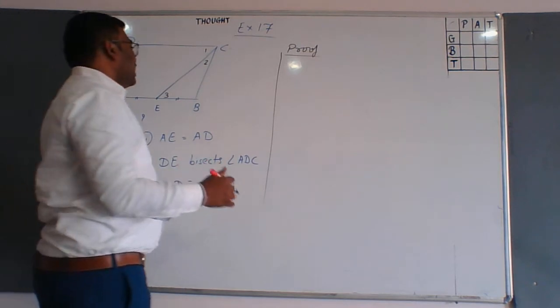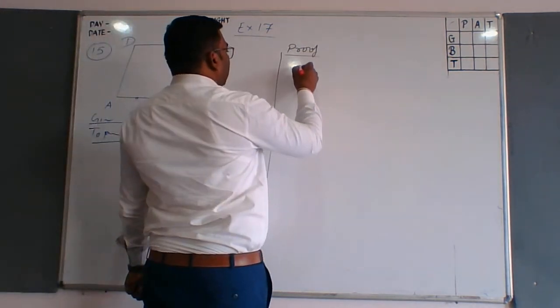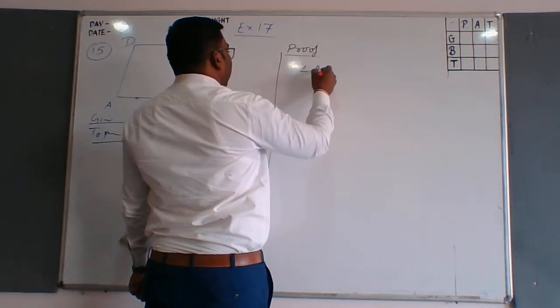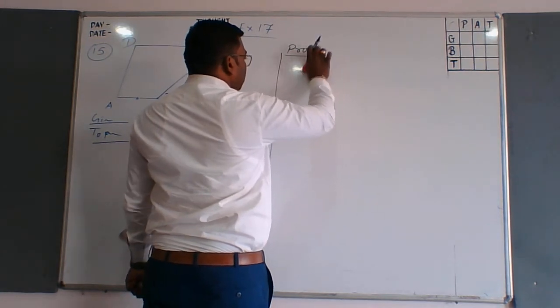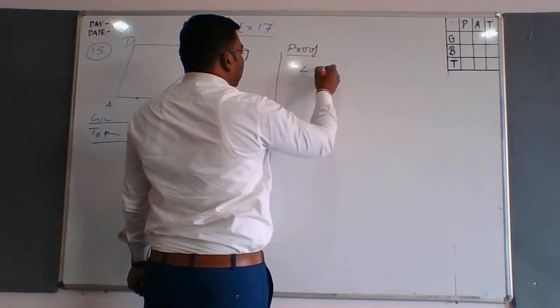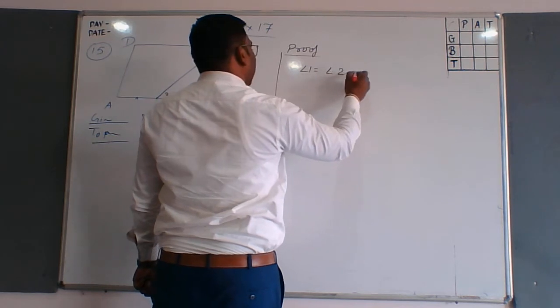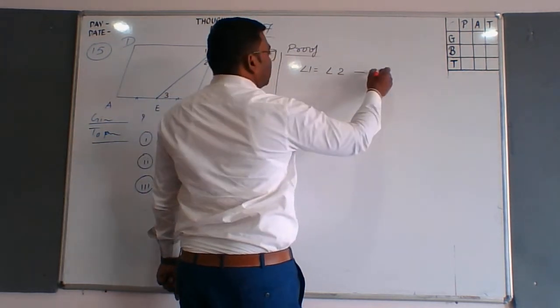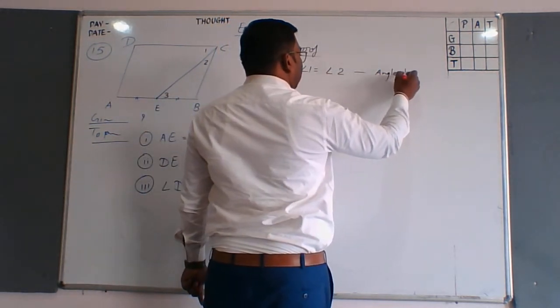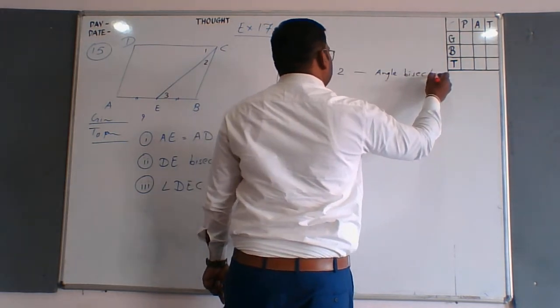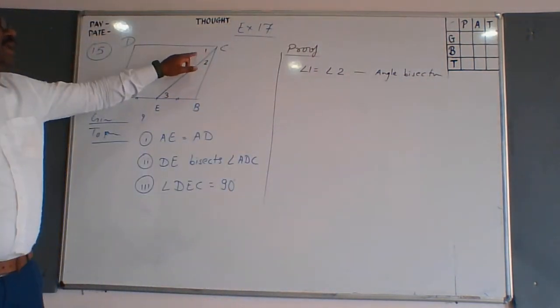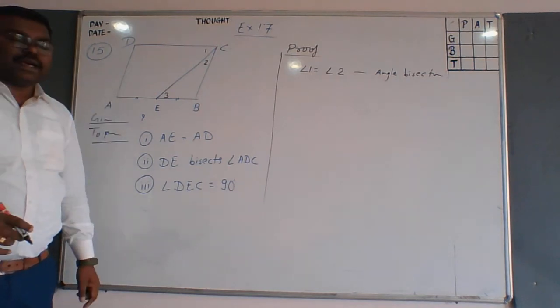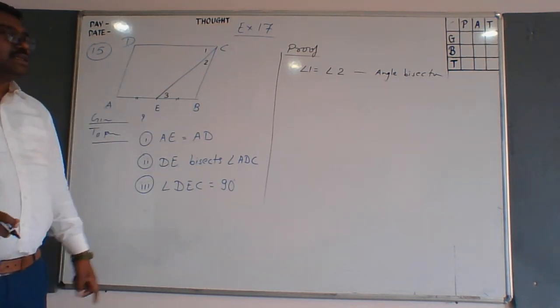Okay. Let us write it. First of all, we can say that angle 1 equals angle 2 because of the angle bisector. Correct? Angle 1 and angle 2 are equal because CE is the angle bisector.